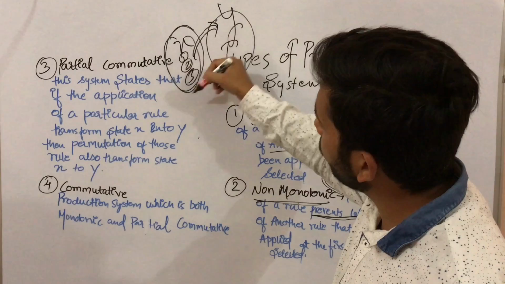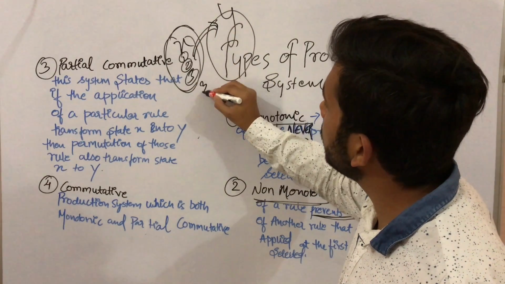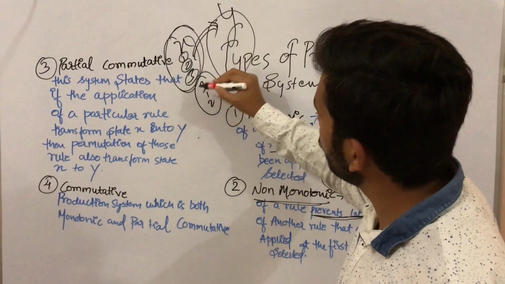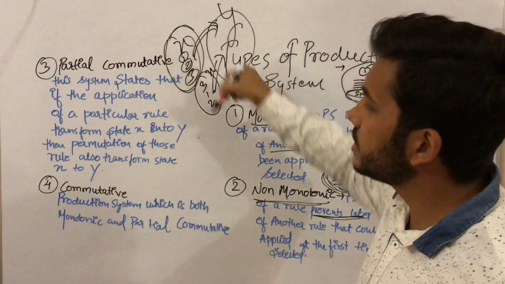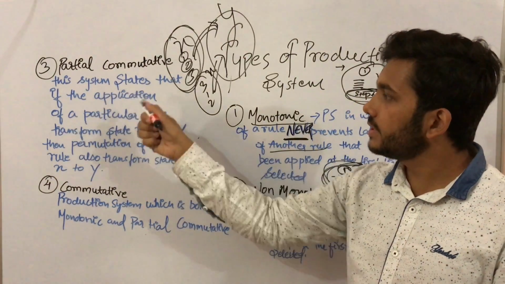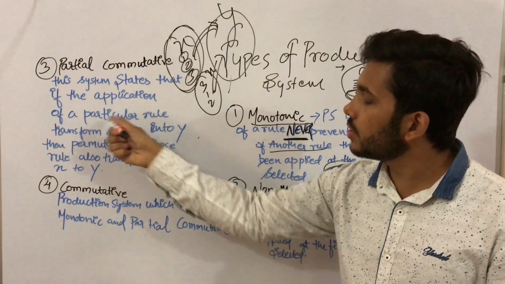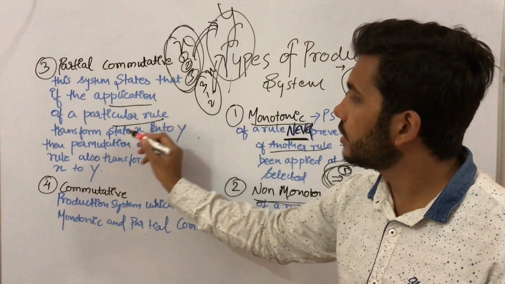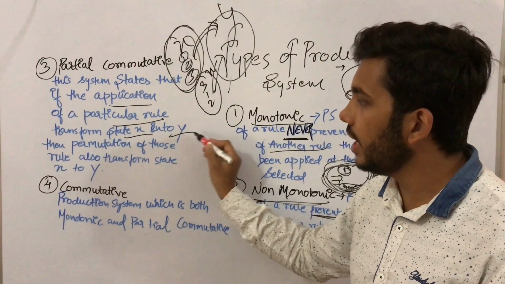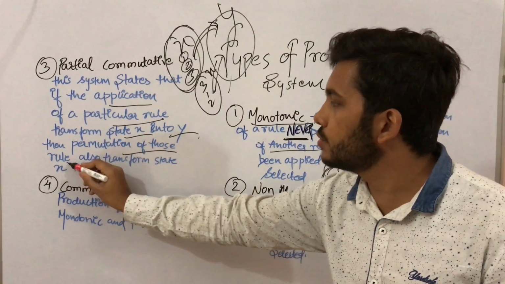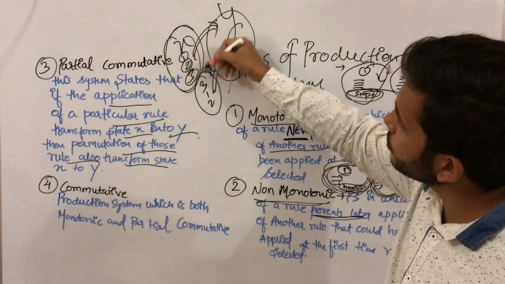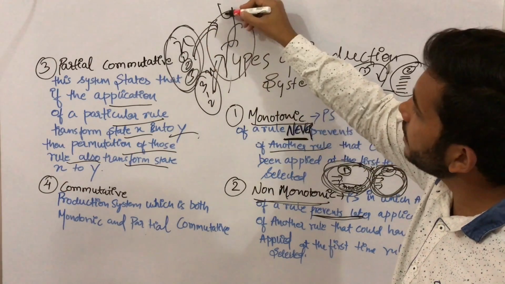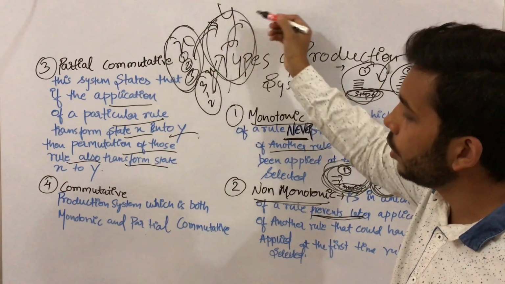Now a permutation of these three, suppose 3, 1, 2, can be used, and again state x can be converted to state y. Means if you use a permutation of the rules, you can again convert x into y.